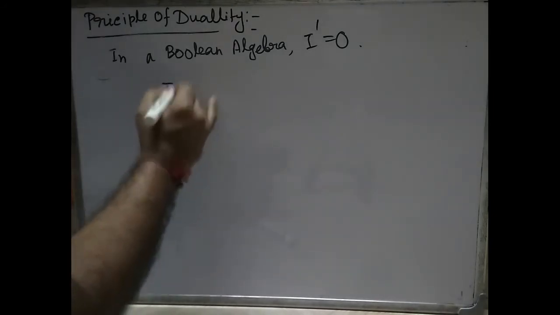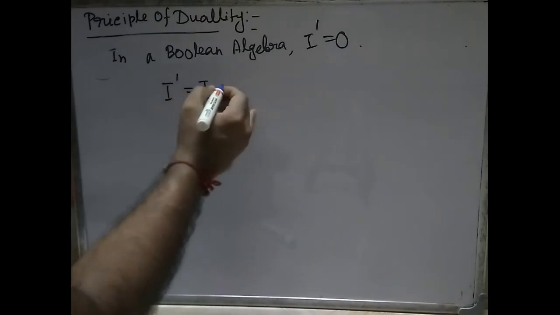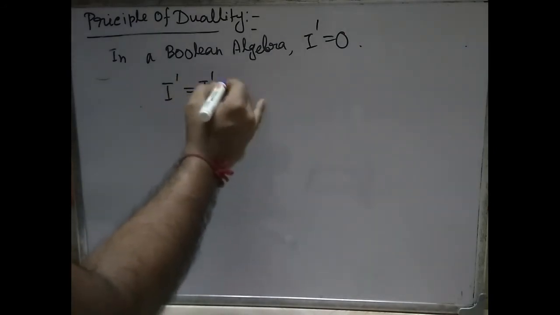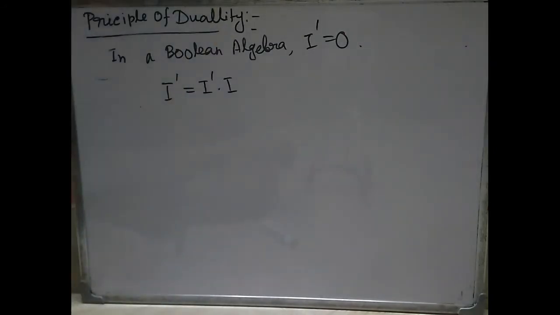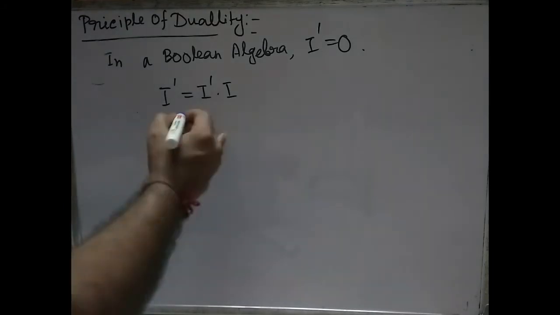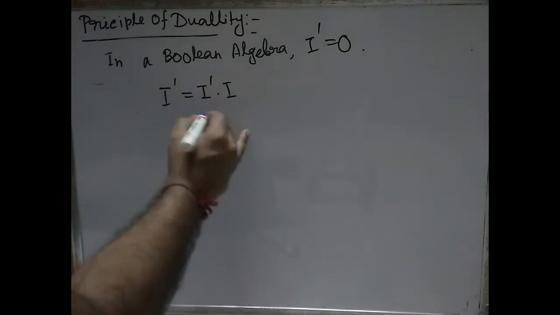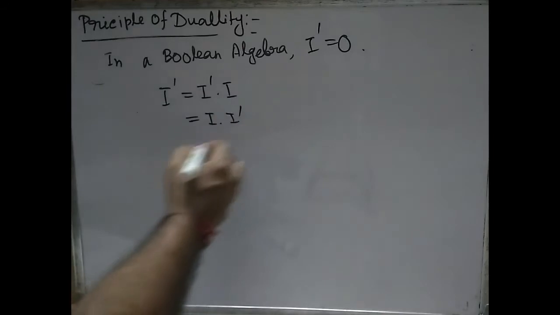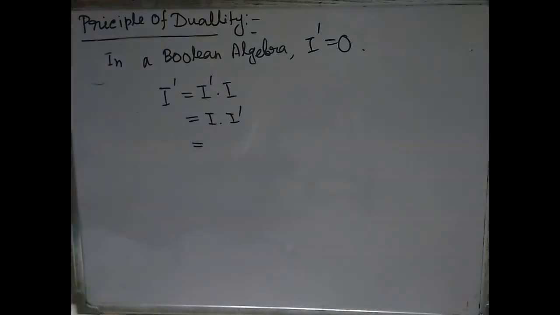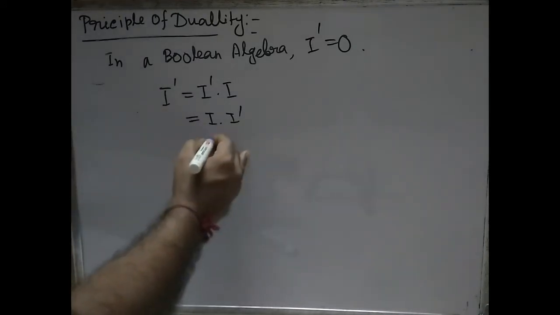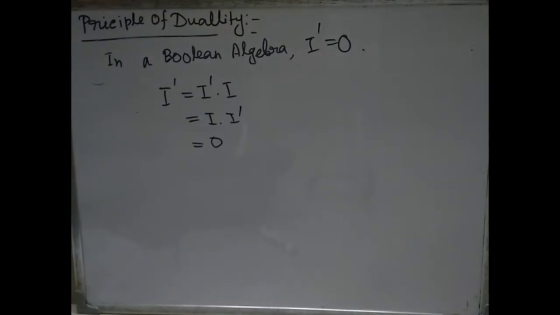So I dash is equal to I dash into I. Now since dot is commutative, so I dot I dash, and I dot I dash means 0 by the property 4.